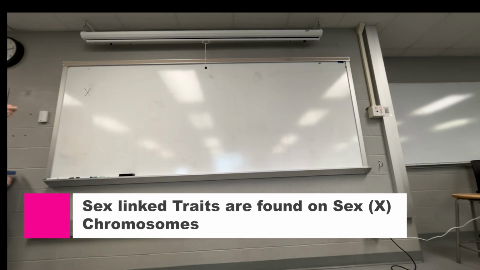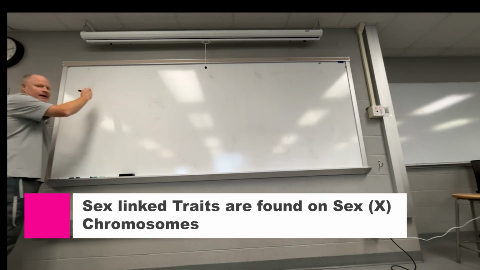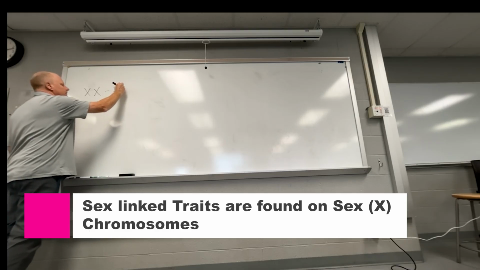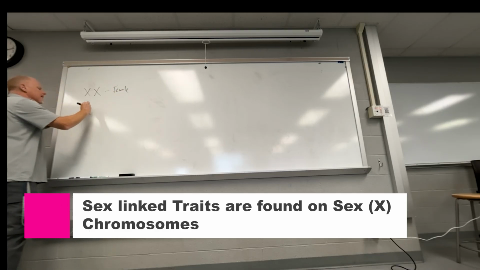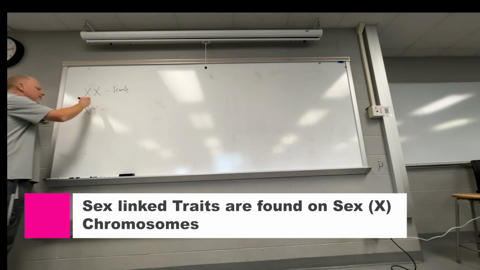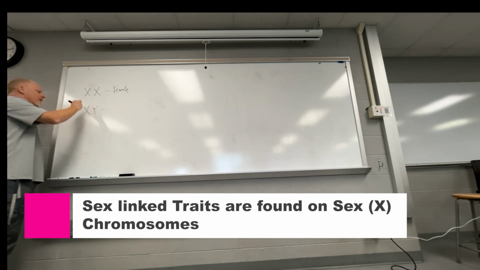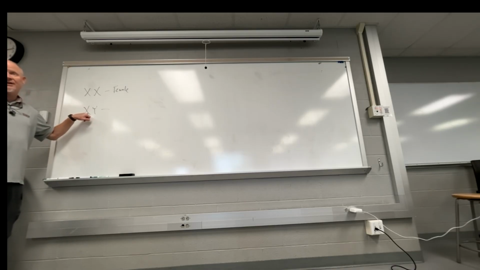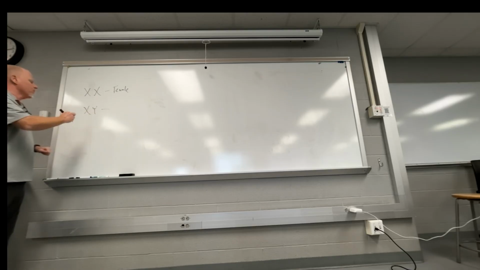Okay, so in us, for example, XX is the female, right? And XY is the male. And because we males, I should say the males in the room, only have one X, if we carry a recessive trait for a mutation that's either an advantage or a disadvantage, we will express it.